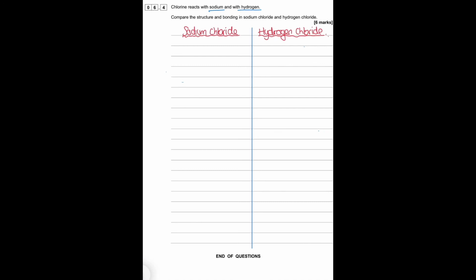So to start off with, if we're going to look at bonding, sodium chloride has ionic bonding, and that's between metals and non-metals. However, hydrogen chloride has covalent bonding, and that's between 2 non-metals.